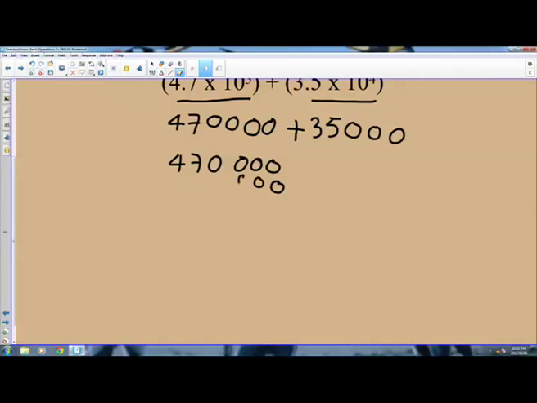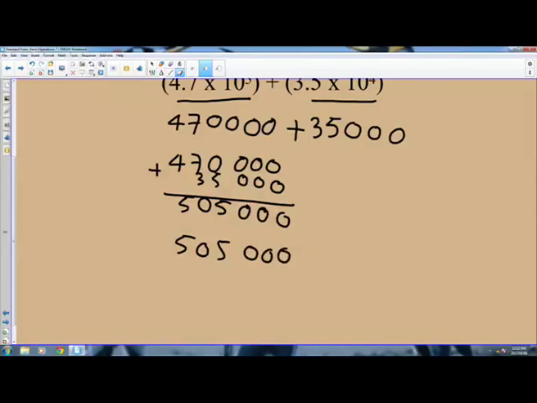And then we are to add, because it says add this. 0 plus 0 is 0, 0 plus 0 is 0, 0 plus 0 is 0, 0 plus 5 is 5, 7 plus 3 is 10, then carry 1, 4 plus 1 is 5. So what we get is 505,000. This is the answer.